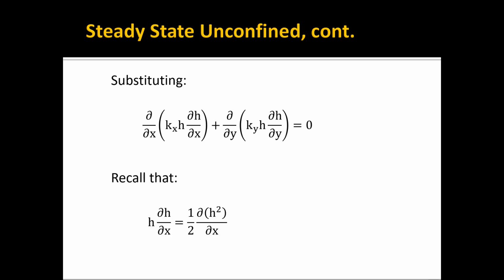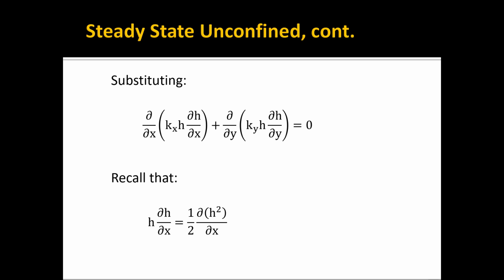You probably don't recall this, but if you think back on calculus, you can show that if you take 1/2 the derivative of h squared, you get h times del h del x. So based on that derivative, you can show that these two things are identical.